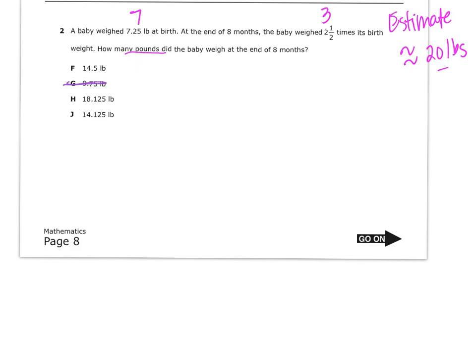Okay, so I have 7 1/4 pounds times 2.5. Now, you could change this one right here to a fraction, but 2.5, let's just change that to a decimal. So I'm going to have 7.25 times 2.5.